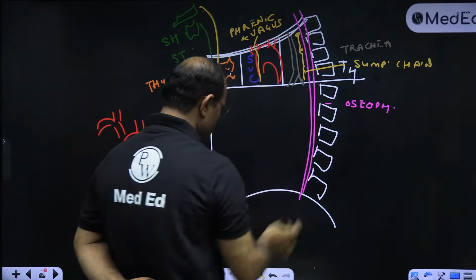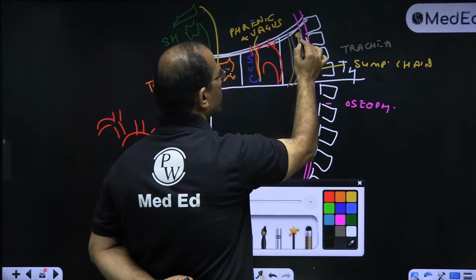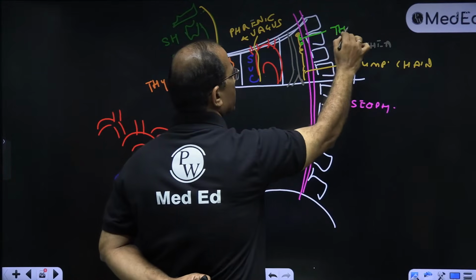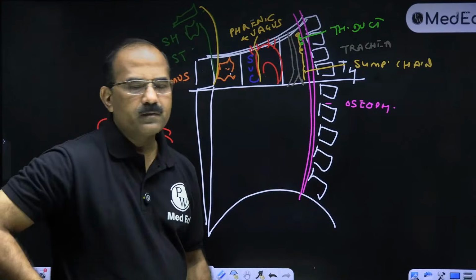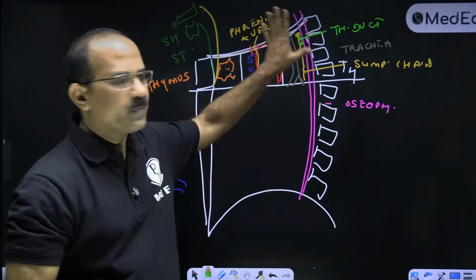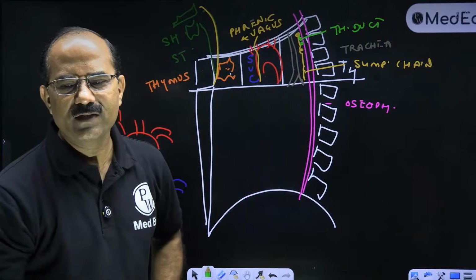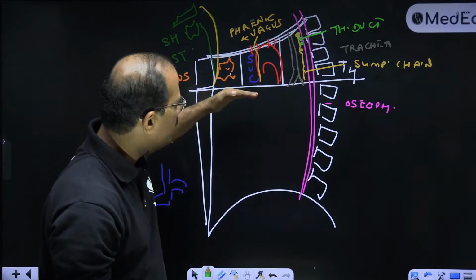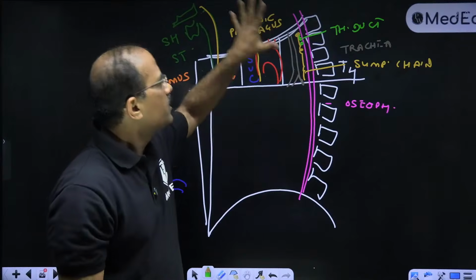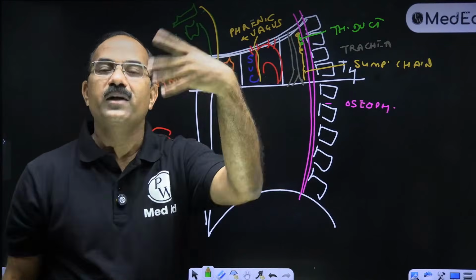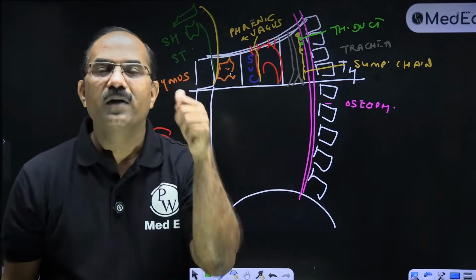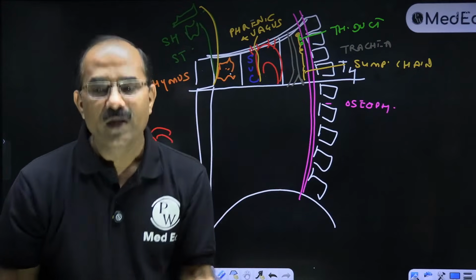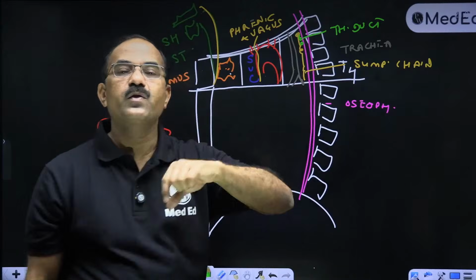And then a duct, the thoracic duct. The azygos vein does not come here, it ends at T4. So the posterior part of the superior mediastinum has the trachea, esophagus, left recurrent laryngeal nerve, sympathetic chain and thoracic duct.